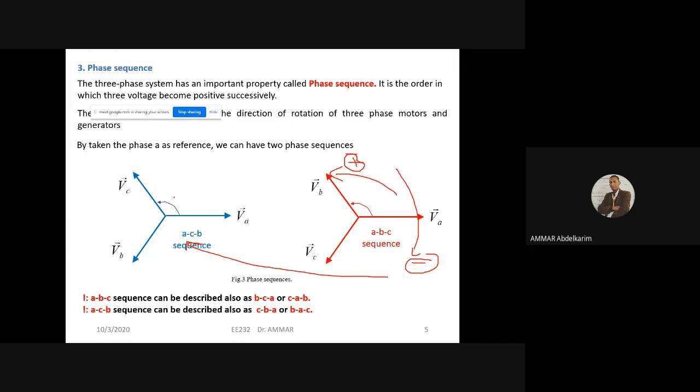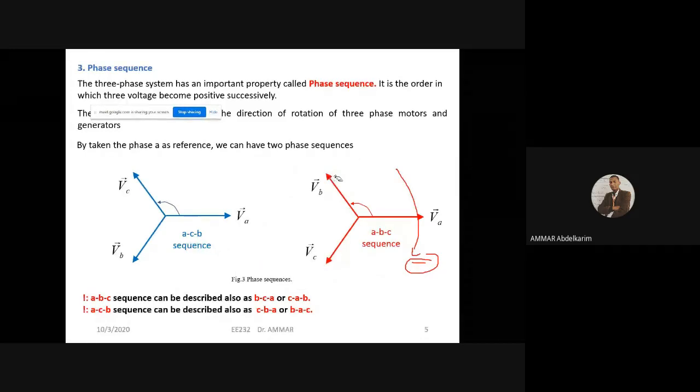It can be taken as ACB or CBA or BAC. So where is the difference?